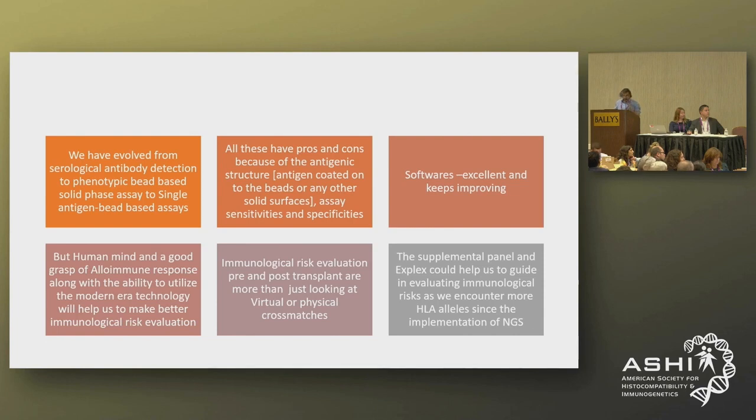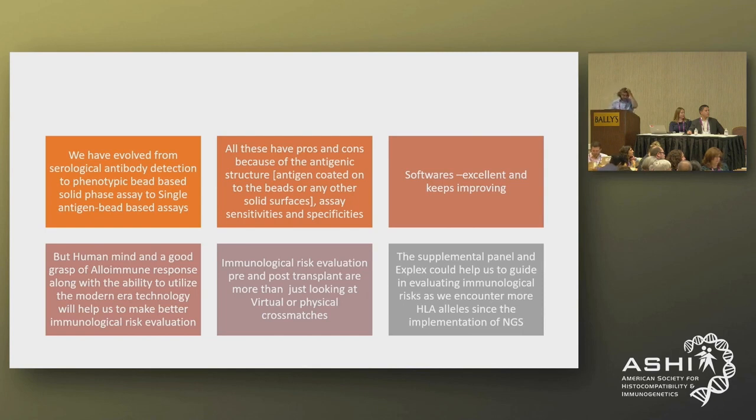And I really like to use that terminology because that's not just looking at virtual cross-match, but looking at the DSA or the antibody titer or the MFI or even the physical cross-match. You still have to use the human mind and the history of the alloimmune status of the patient.